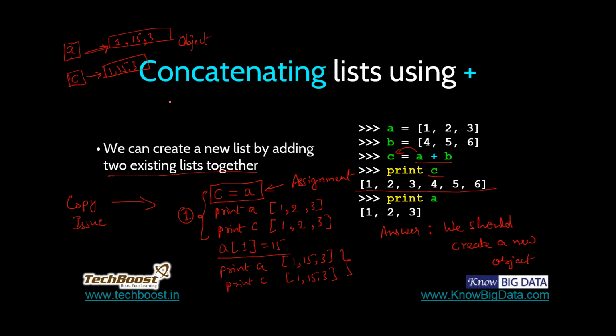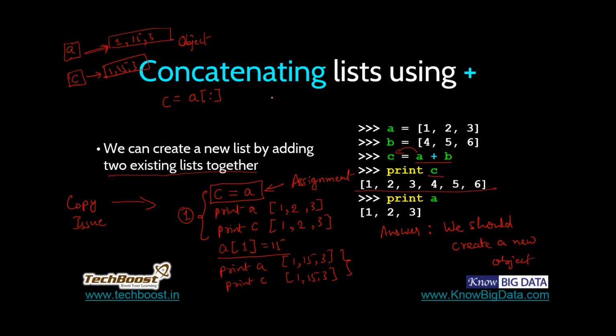The slicing and indexing, as we discussed in strings, also works for lists. So we need to copy using slicing. And how do we do it? We do C is equal to A of colon. Do you remember we used just the colon in strings, if you have seen my last video?